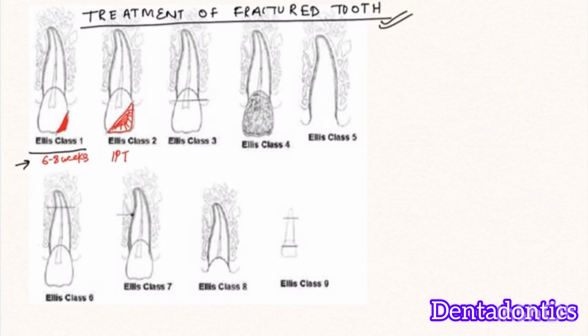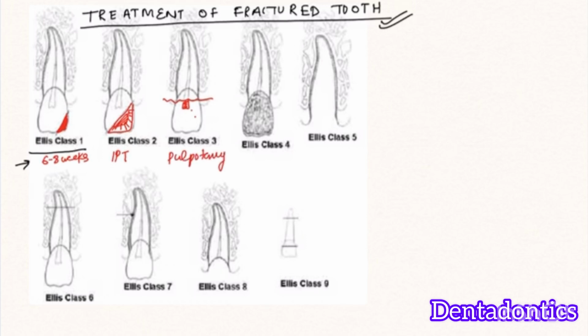Then coming to class 3 where the fracture is involving the enamel, dentine and the pulp. So in this case, since pulp is involved, we will do the pulpotomy and we will restore the tooth, followed by crown placement. Then class 4 is non-vital tooth.